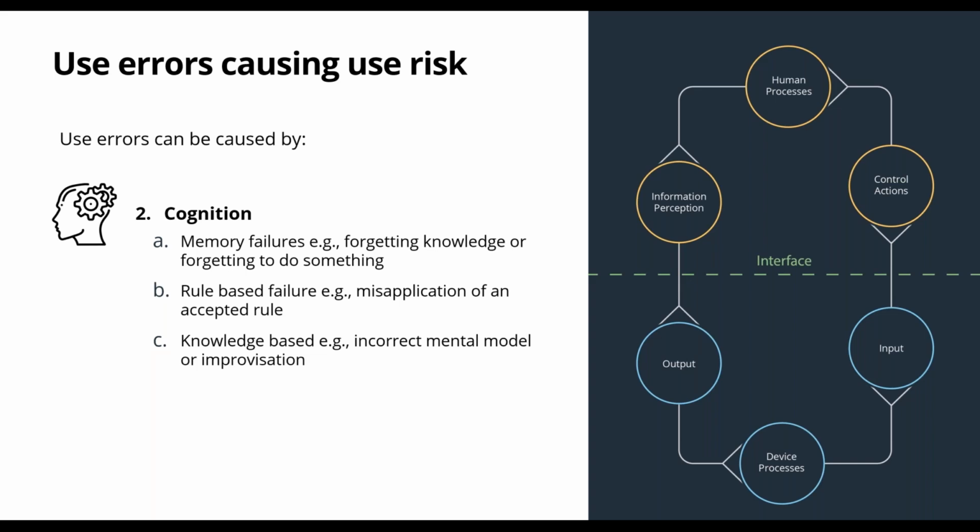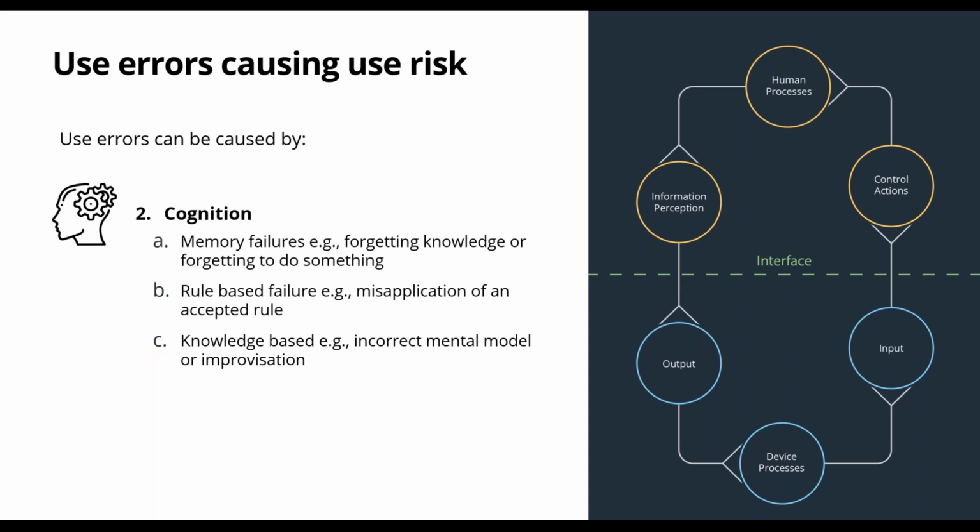There can be a rule-based failure, where the user may misapply an accepted rule to something which it shouldn't be applied to. And finally, there's knowledge-based error, where a user may believe an interface or a product works in a particular way, and therefore act on that device in an unexpected or improvised manner, or in a manner relating to what they already know in the real world.